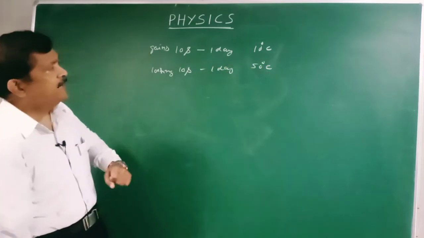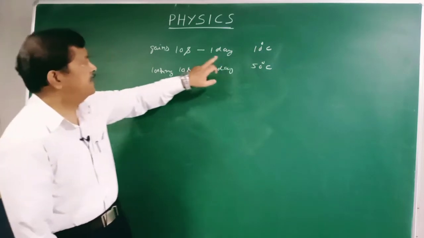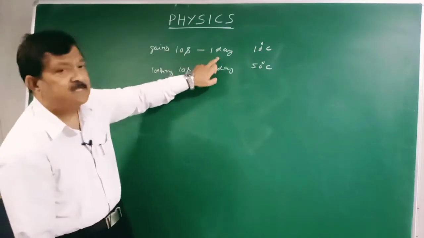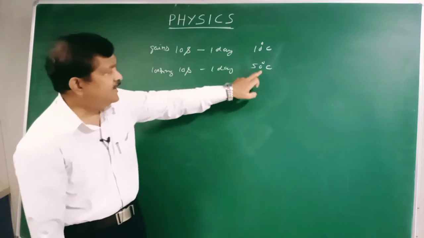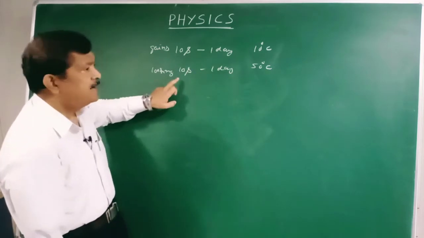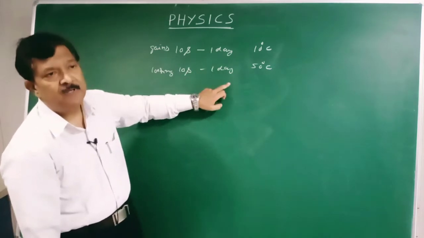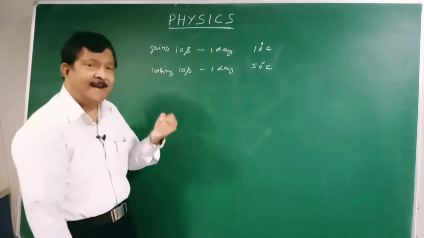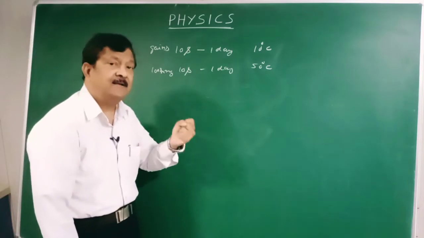That means practically at 10 degrees centigrade it is gaining 10 seconds per day, and at 50 degrees centigrade it is losing 10 seconds per day. Then what is the temperature at which it will show the correct reading?